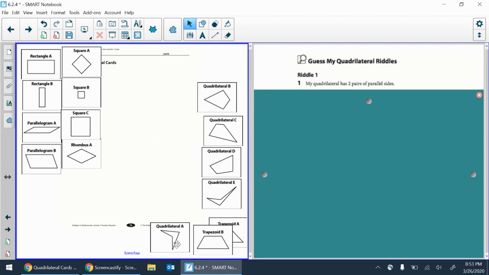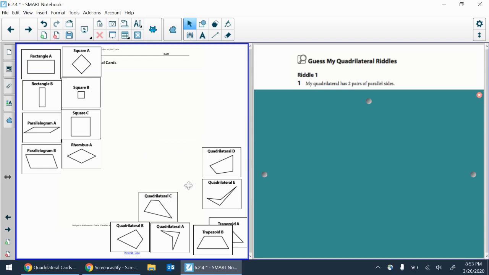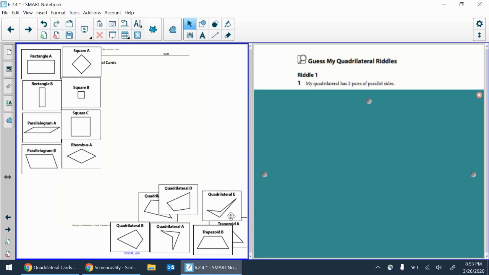It does not. How about this guy here? No, it doesn't. This one here? No. This one? No. And this one does not. So I'm going to ignore all the ones down here right now because they do not match this first clue that I have given you.